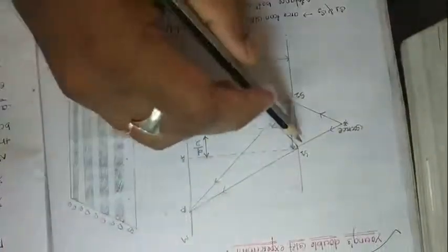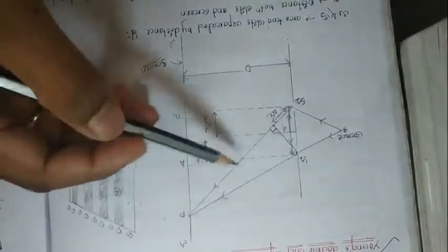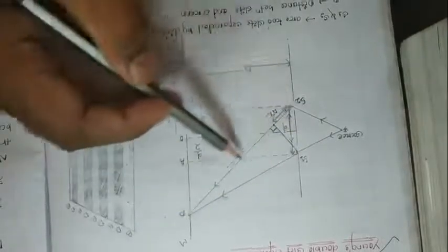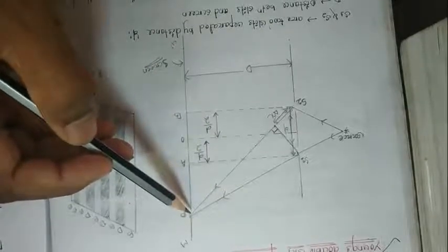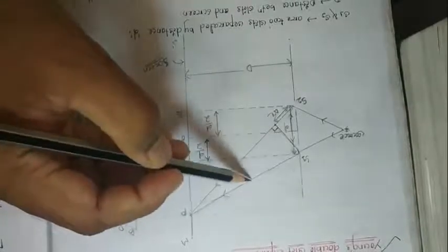Now at P, both rays are superimposed with each other. Clearly it can be understood that one ray is traveling from here and another ray is traveling from here. So at this point the intensity will be the resultant intensity of this ray and this ray.